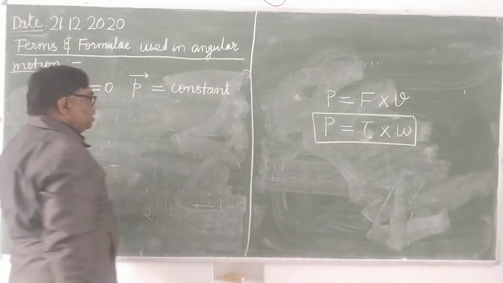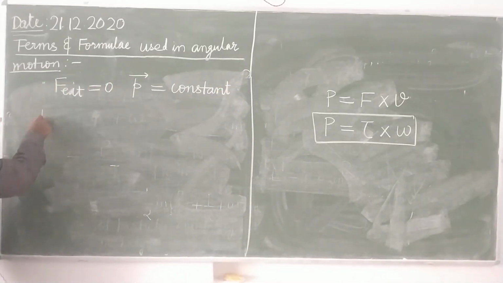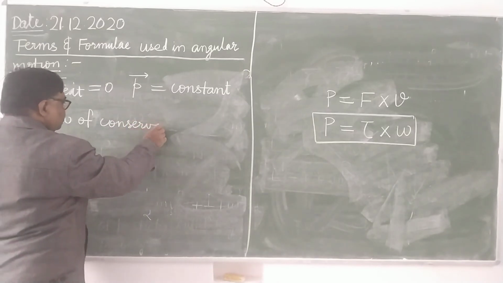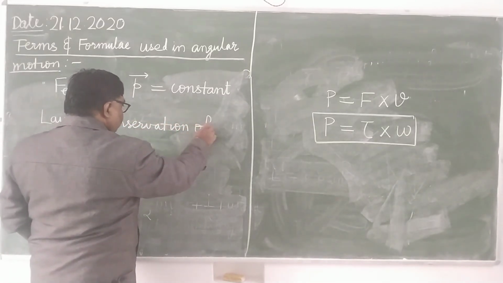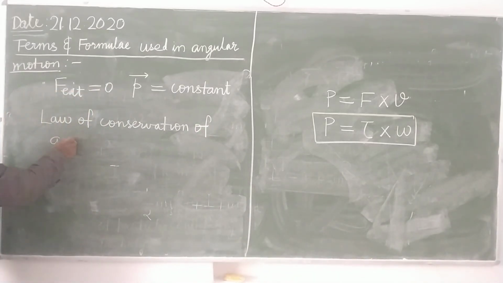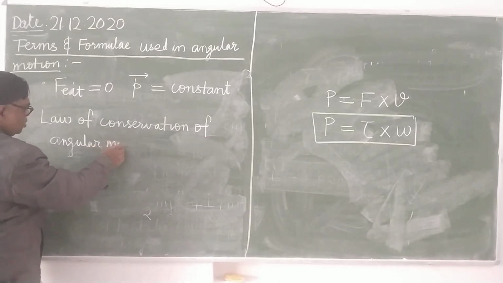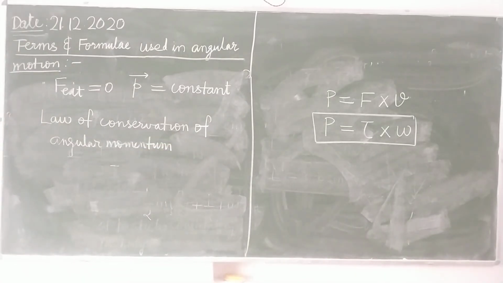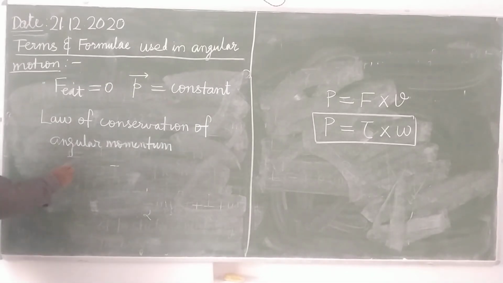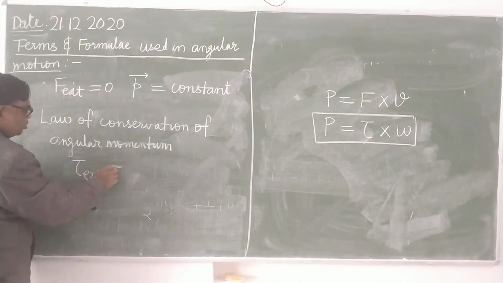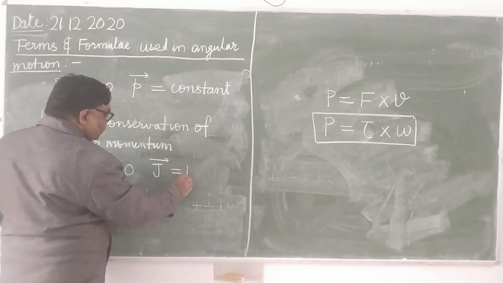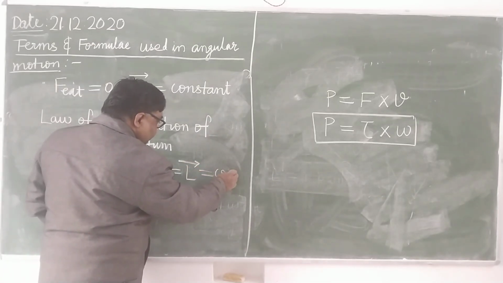So in the same way, if the external torque is not acting, law of conservation of angular momentum: if the external torque is not acting, that is external torque equals 0, then angular momentum J or L will remain constant. It will remain constant.